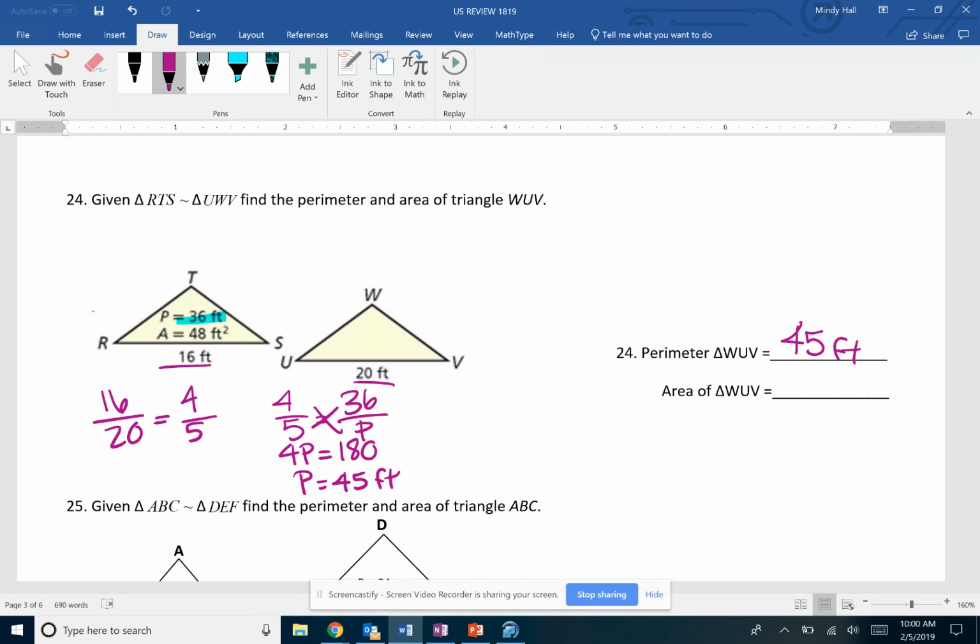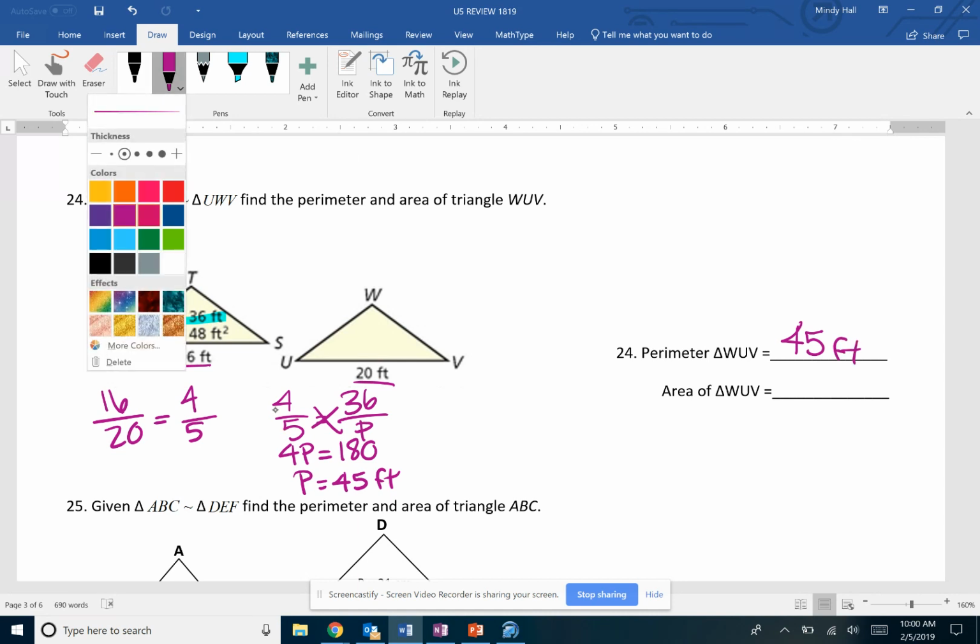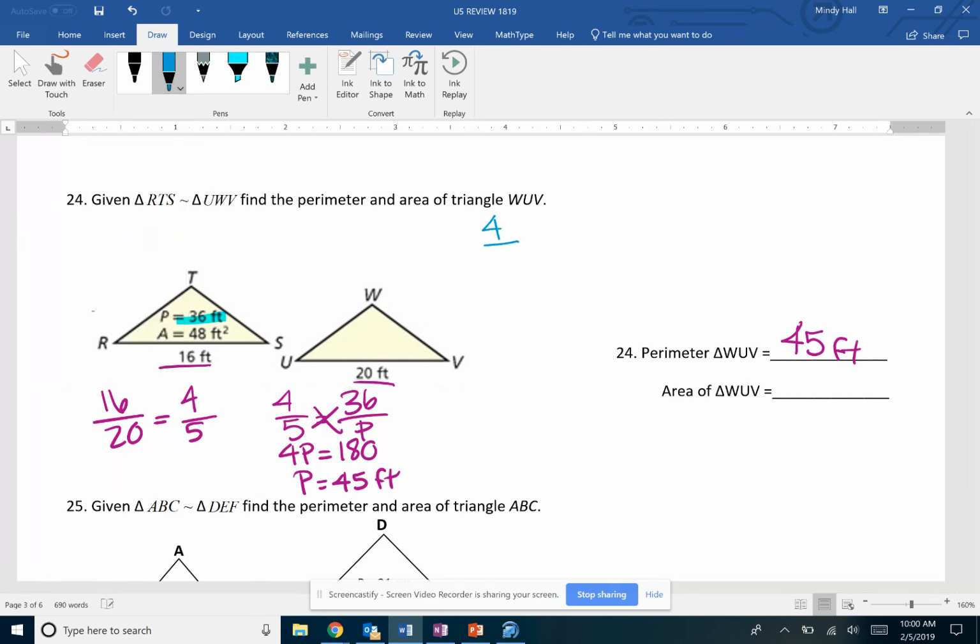So then to find area, you're going to use the same ratio, except you're going to square it. So 4/5 squared equals 48 over A for area. 4/5 squared would be 16 over 25 equals 48 over A. And again, by simplifying it initially, it made this one a little bit easier because the numbers don't get quite as big.